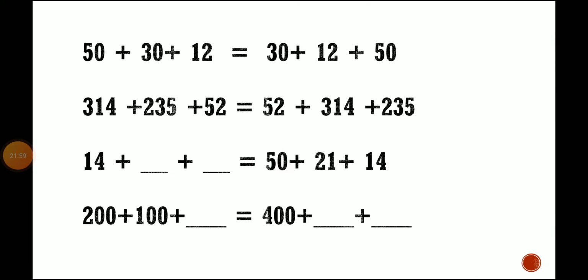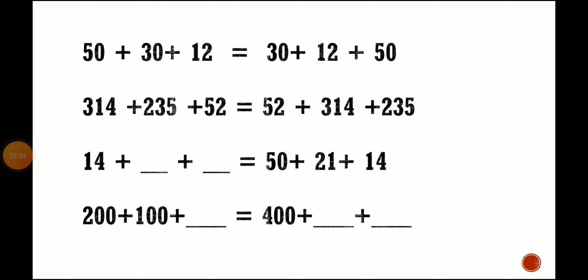Next, 50 plus 30 plus 12 is equal to 30 plus 12 plus 50. Here the left hand side and the right hand side, the numbers are written in a changed order. We just arrange the numbers in an alternative way.